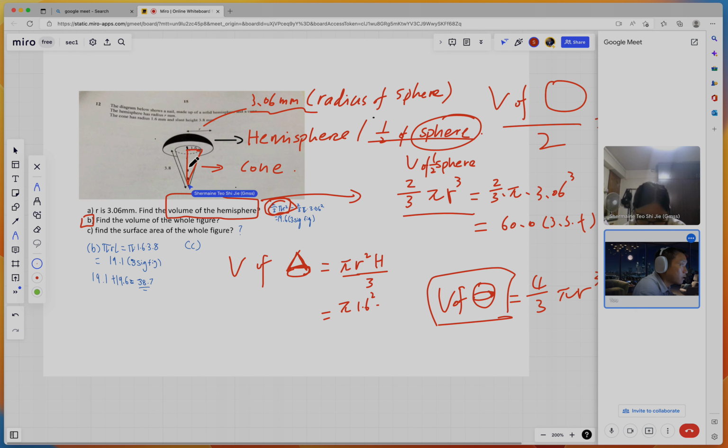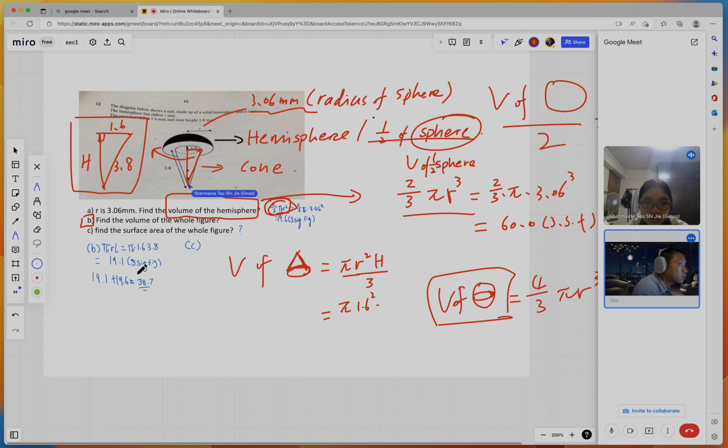So it's like you take this triangle out. So the height is here. Then this is 3.8. This is 1.6. How do you find the height here? And this is a right angle triangle.